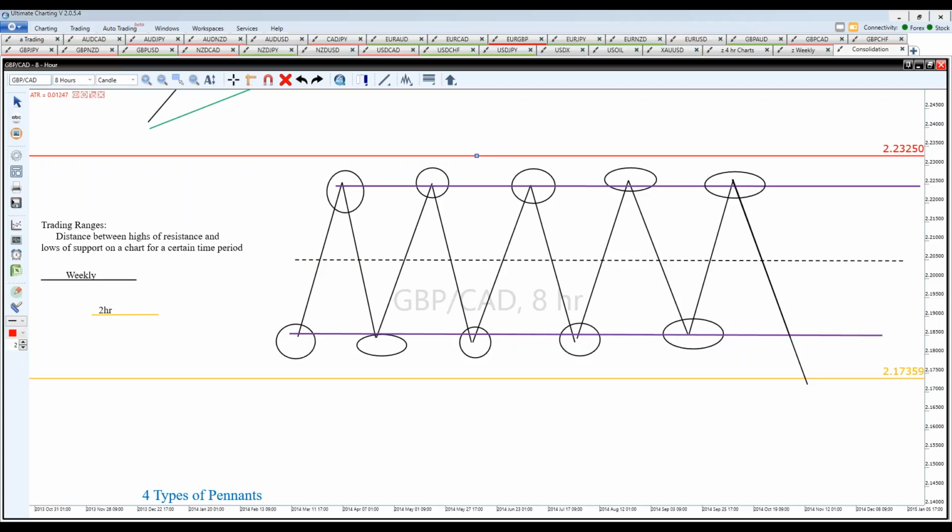Now, large trading ranges or trading boundaries will be found in the monthly and the weekly charts.